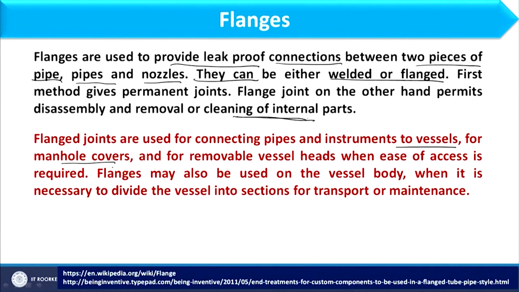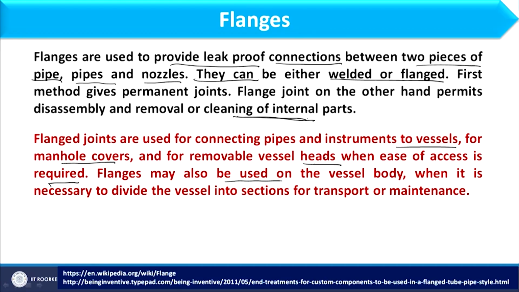Flange joints are used for connecting pipes and instruments to the vessel, for manhole covers, and for removable vessel heads when ease of access is required. Ease of access means when maintenance or repair is required, and in that case we use a flange.